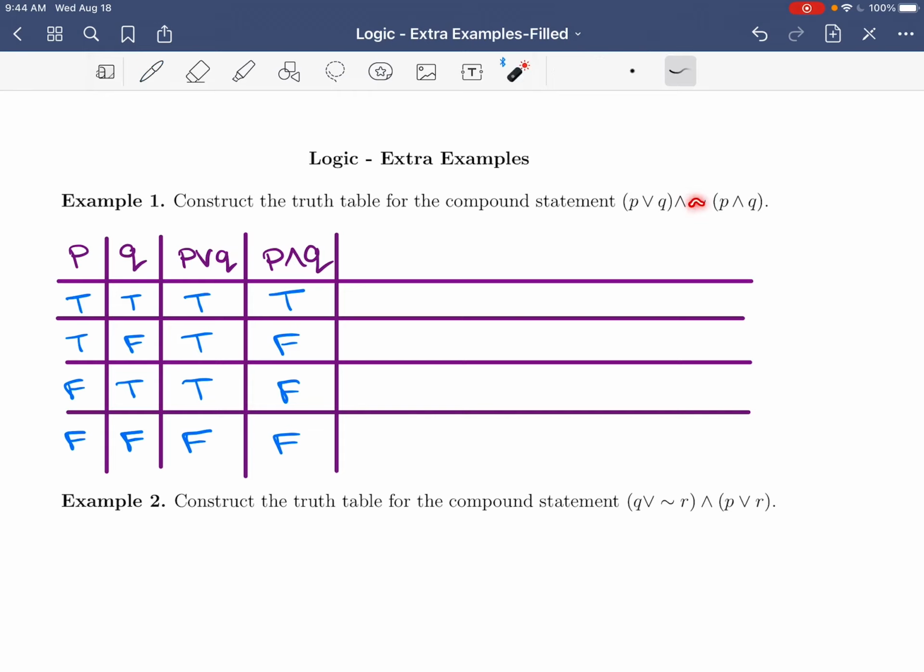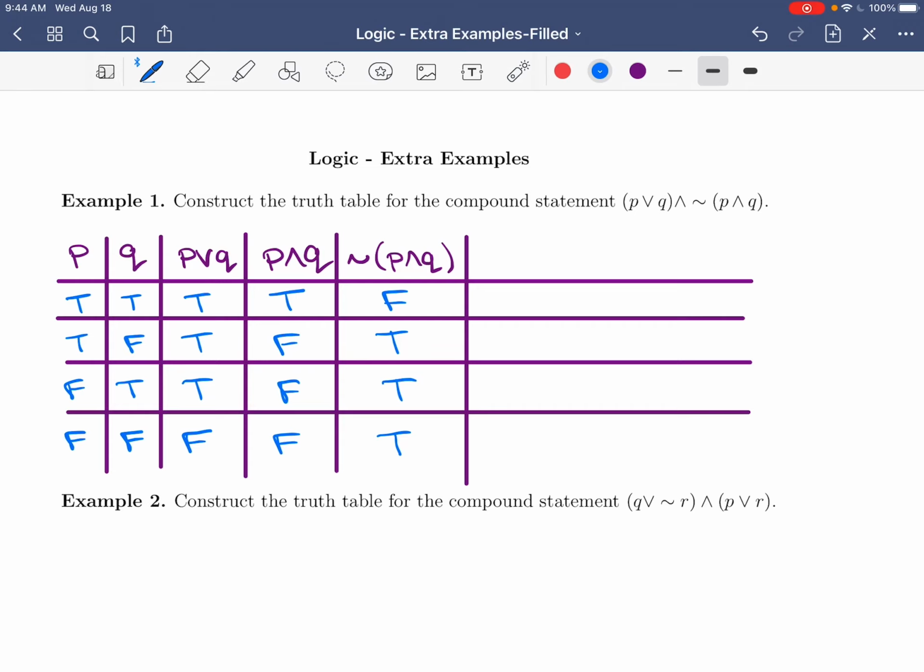Now what I actually wanted was not that, so that's going to be my next column. This is just going to have the opposite truth value from the P and Q. So that one's going to be false, and the rest of them are going to be true.